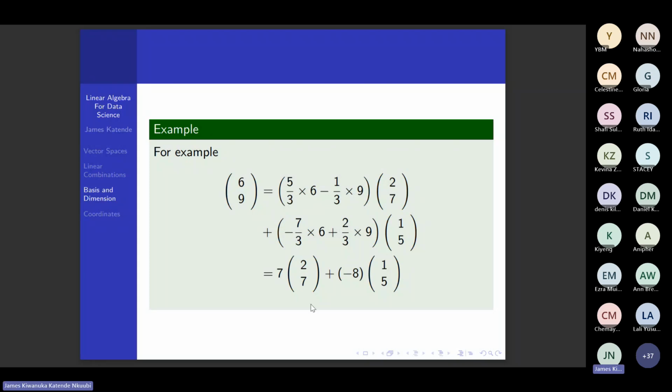And then we compute this, and we get that 6, 9 can be written as 7 multiplied by this first vector, 2, 7, minus 8 multiplied by this second vector. So again, take time, multiply this out, add them up, and confirm that indeed they will equal this left-hand side.